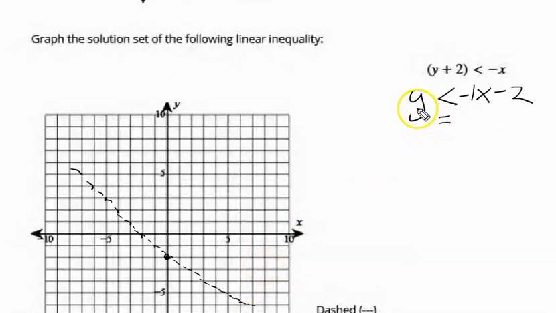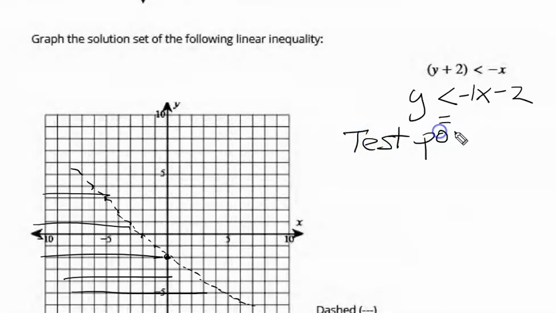Now, this one's easy. It says y is less than. Well, where is y less than? Above the line or below the line? And we're saying it's below the line. But remember, we can use the test point here, and a good one is the origin.